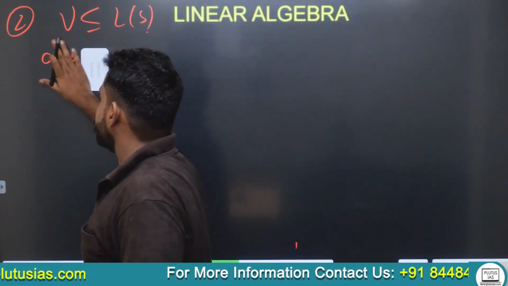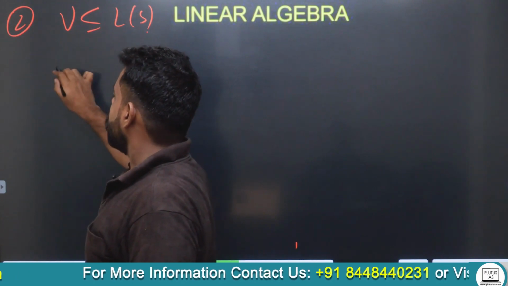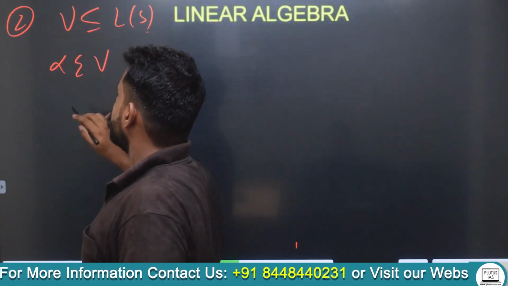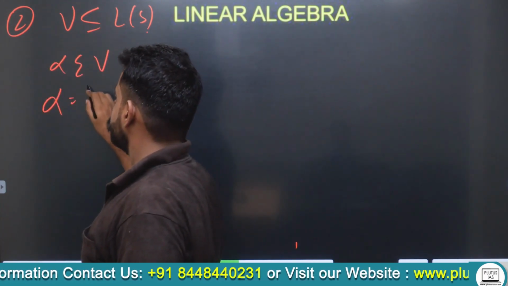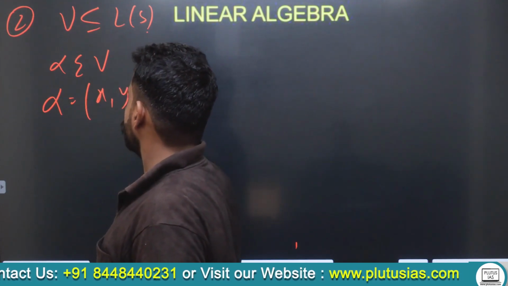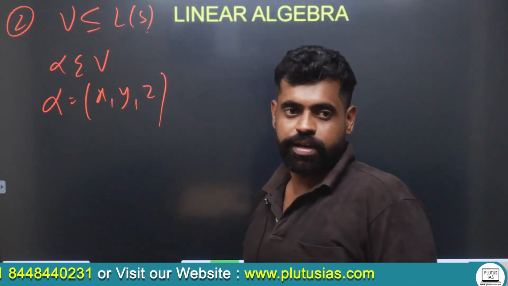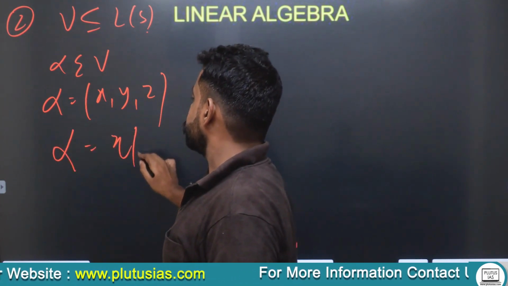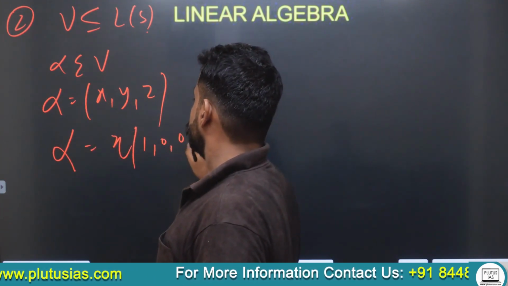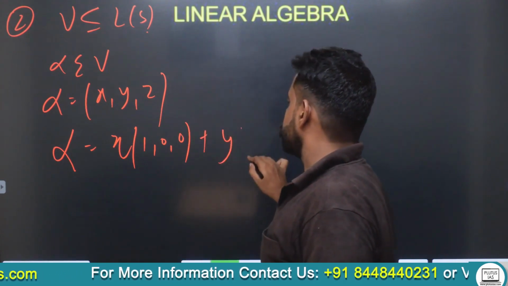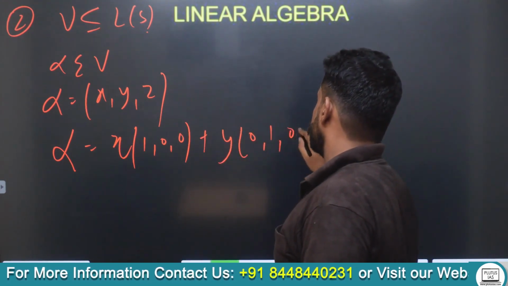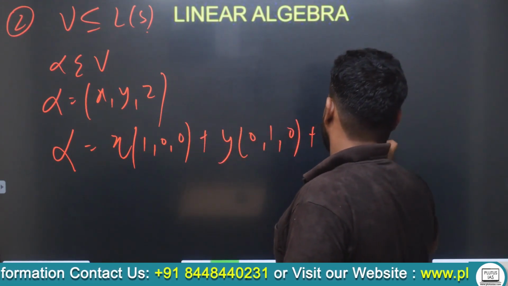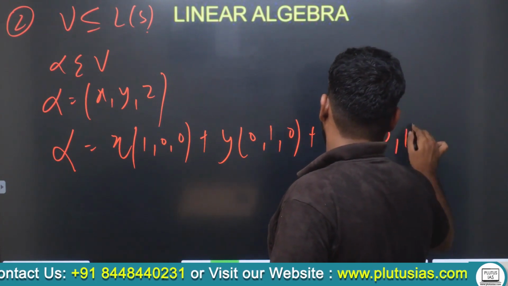In this case, if alpha belongs to V, alpha would be of the form X, Y, Z. Okay, and alpha can be written as X times 1, 0, 0 plus Y times 0, 1, 0 plus Z times 0, 0, 1.